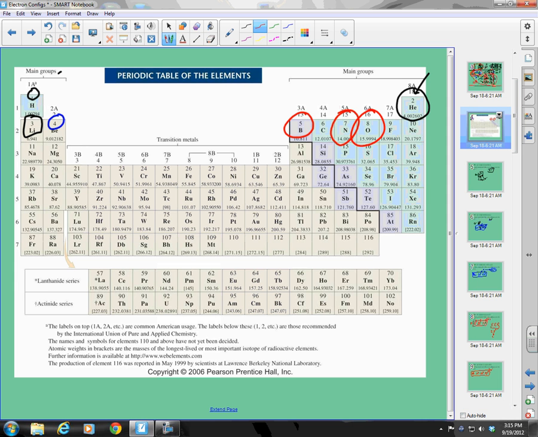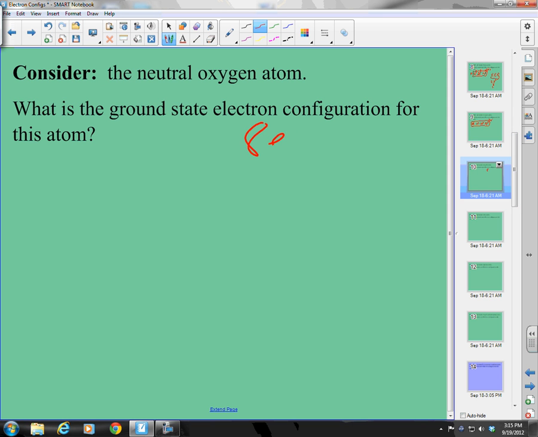Oxygen has 8 electrons. That should be a piece of cake, right? 8 electrons: 1s2, 2s2, 2p what? 4. Great. Will my p have 4 electrons? Yes, it will. 4 electrons, sorry.